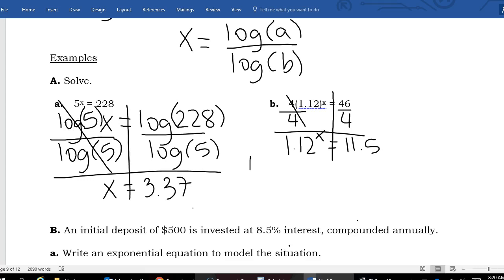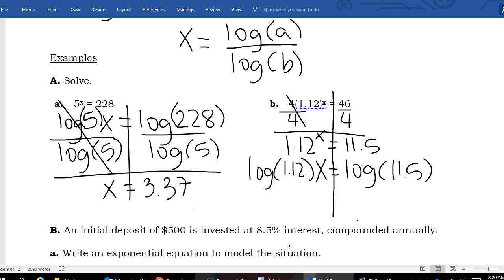I'm going to add log on this one, and now my x is no longer a power, but a normal variable-sized x, and we throw logs on both sides to keep it balanced. Remember, log is a number, so I'm going to divide by that number, log 1.12. Numbers cancel out.